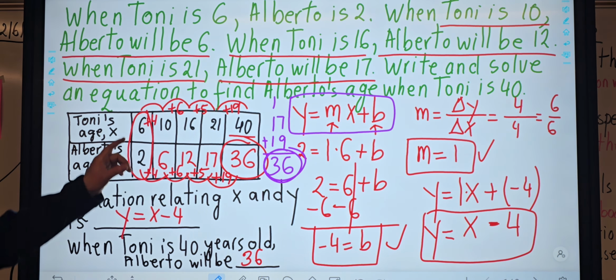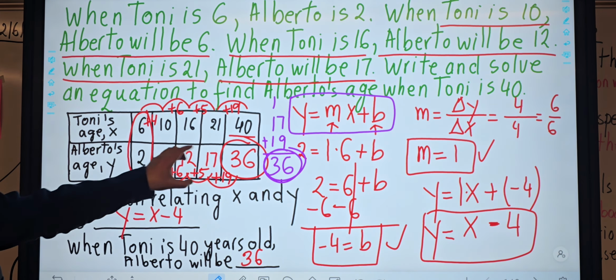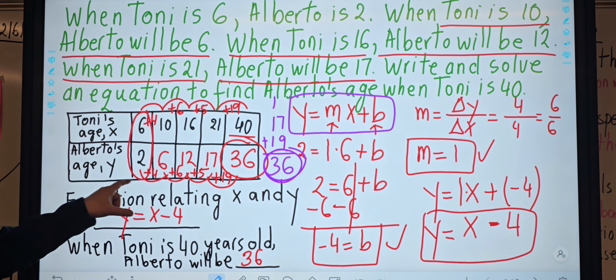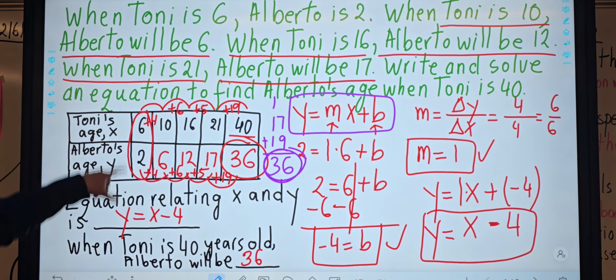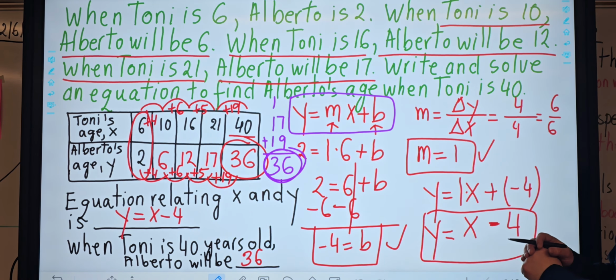We use many strategies. We underline important information, we filled in the blanks, we looked at the patterns in the tables, and then we used all the ordered pairs, and then we got the equation.